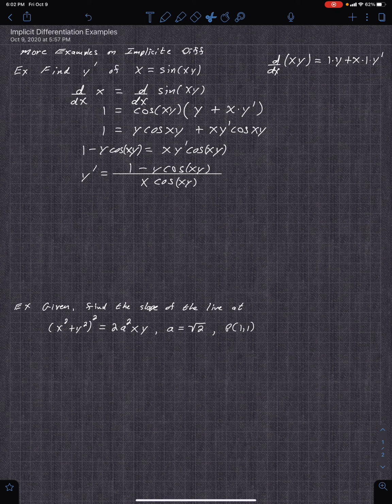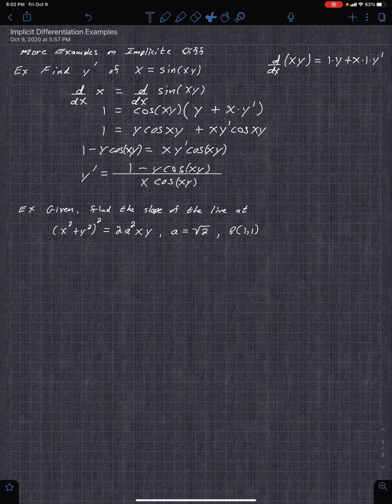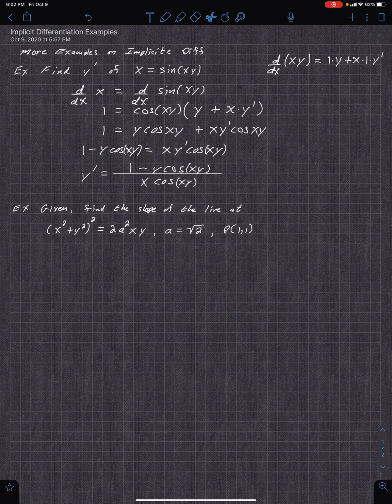Okay, let's try this one. This is: find the slope of the tangent line at that point. So let's work this one out. And this one is actually a special curve.